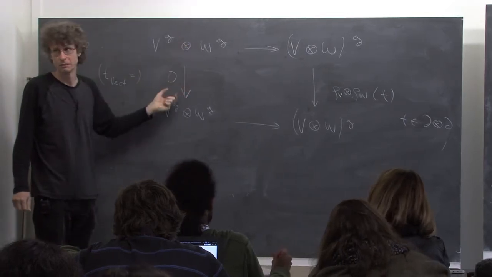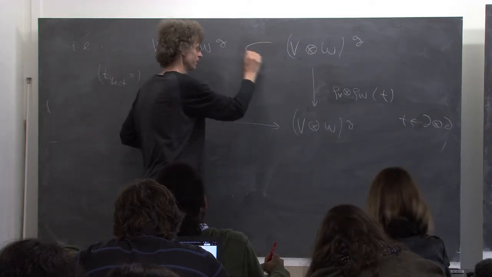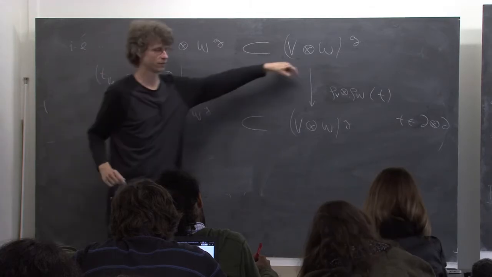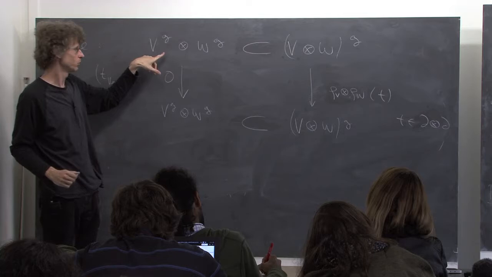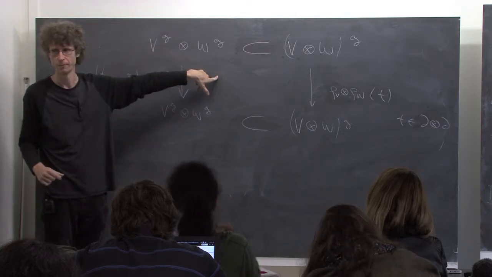We want to see that this commutes, but what does it mean to commute? Well, this is just inclusion, right? So we want to see that this map restricts to 0 when you use it on G invariants tensor G invariants.